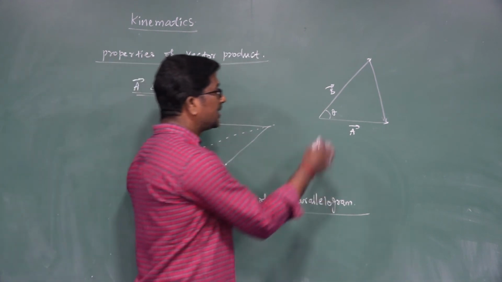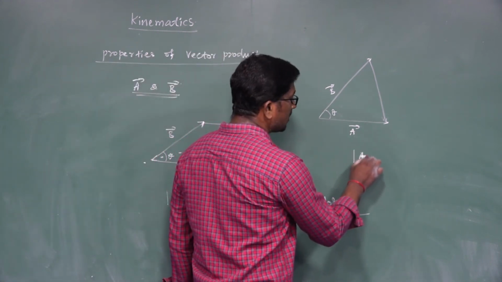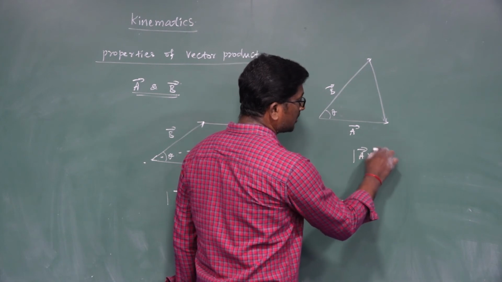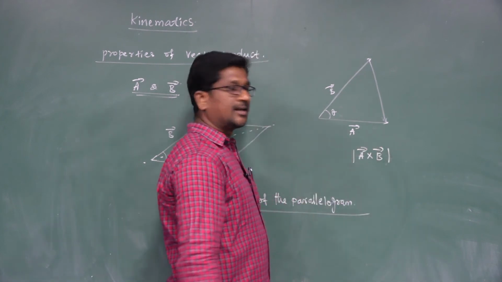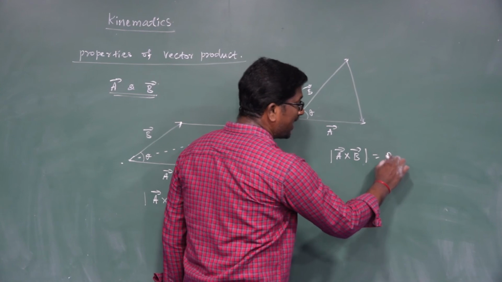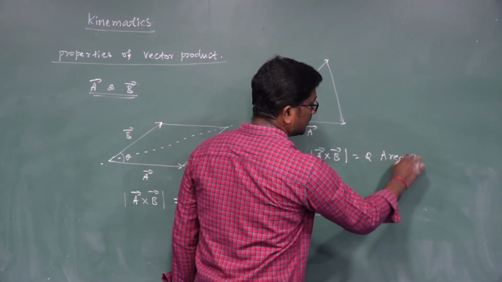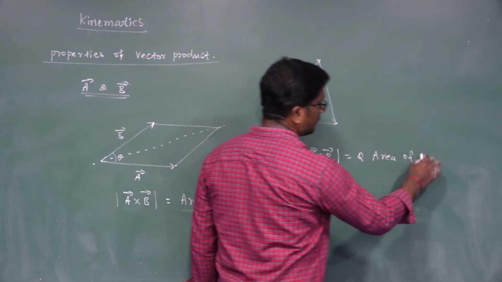Here, the modulus of the cross product of these two vectors is equal to 2 times the area of the triangle.